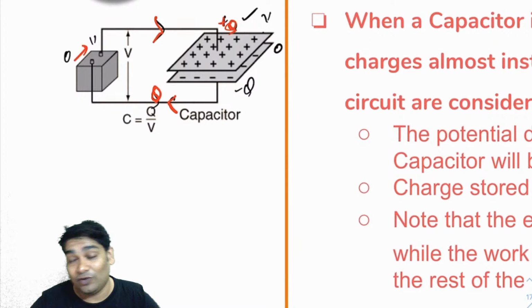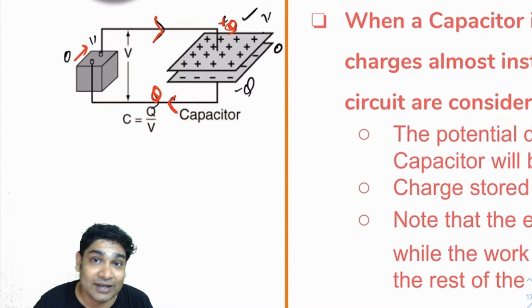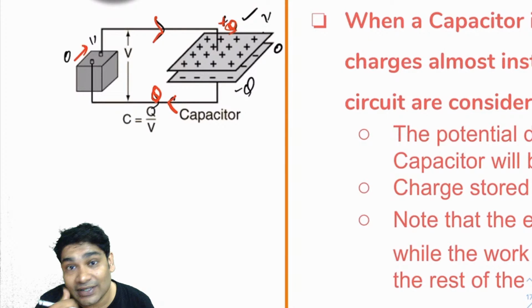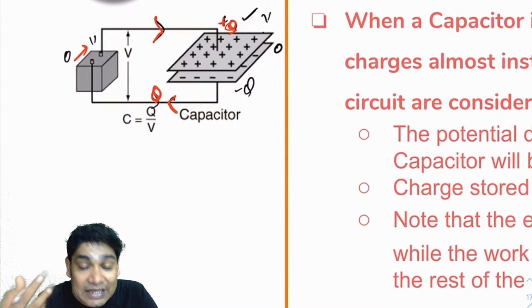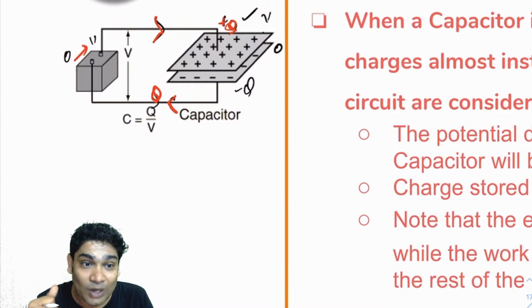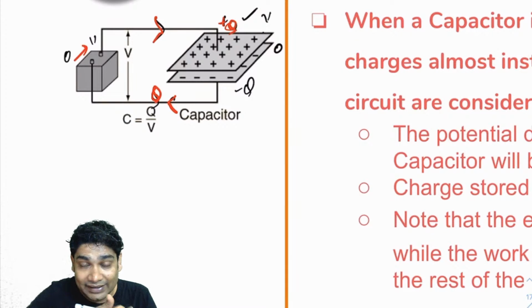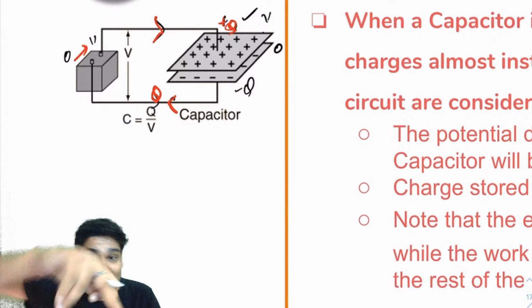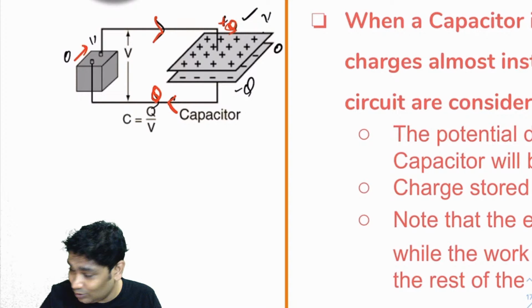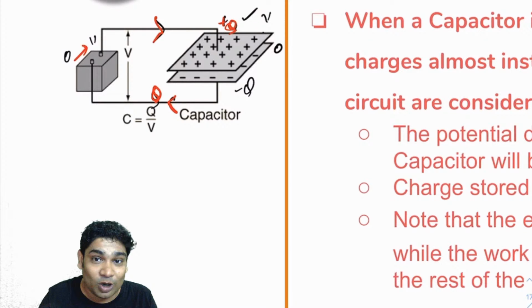It can always go from a higher to lower potential automatically. But in the battery it has to move from the negative terminal to the positive terminal, and that is where the battery does work. In any circuit, the battery does work in making this charge go from lower potential to higher potential. Once it reaches higher potential, then it can go through the circuit and reach the lower potential automatically.